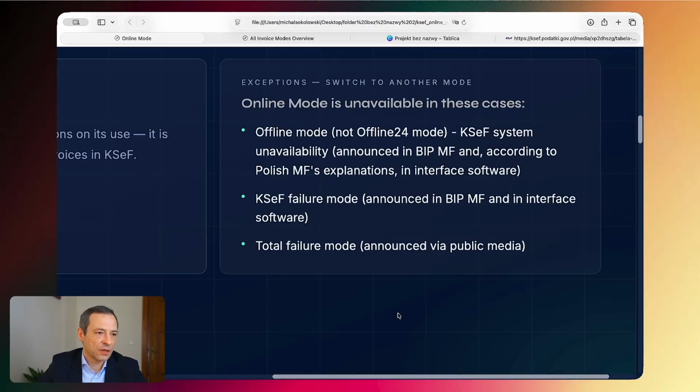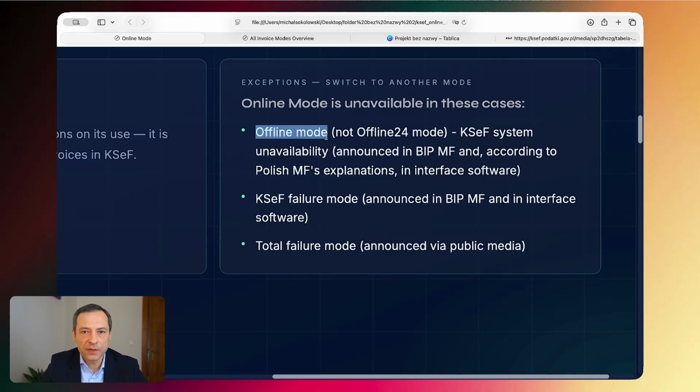As a result, when you see that the online mode is not working, that the system is not available, and the unavailability of the system and of the online mode is announced via public media by the Polish Ministry of Finance, the go-to mode to issue an invoice is the total failure mode.